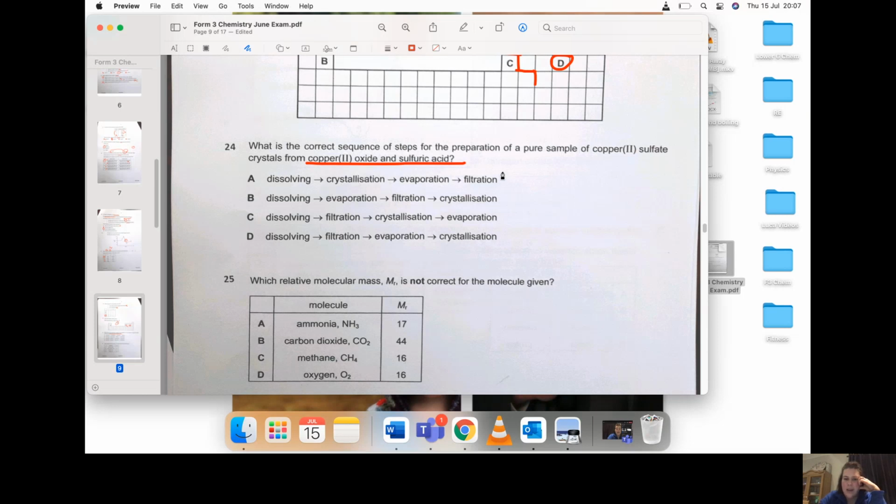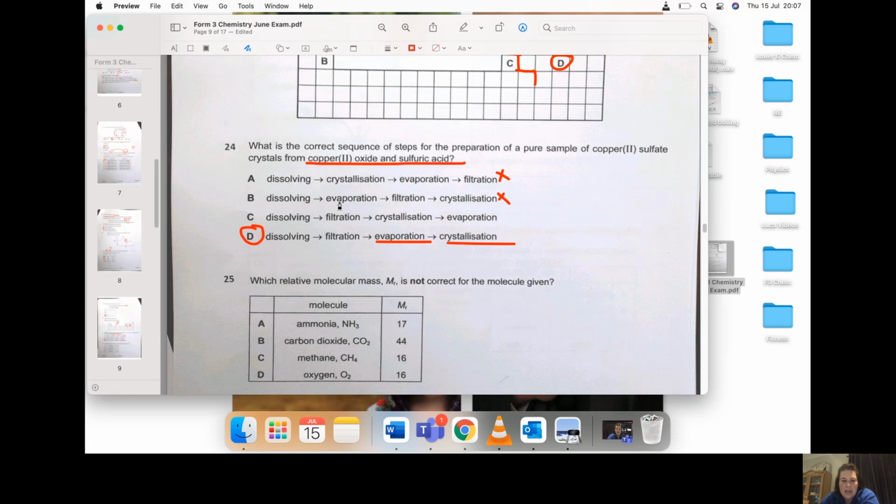Crystallization, that happens at the end. Evaporation, no. We have to filter something off first. So we're now looking at C or D. Filtration, so you dissolve it, you filter it, you then evaporate it, you then crystallize it. Okay? So 24, your answer was also D.